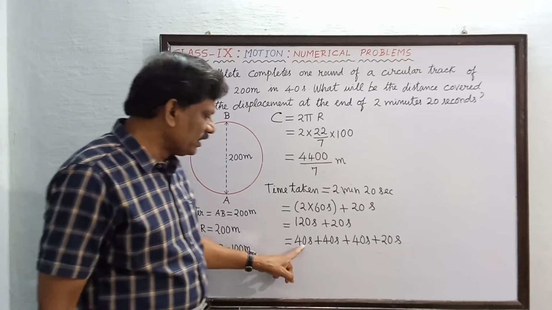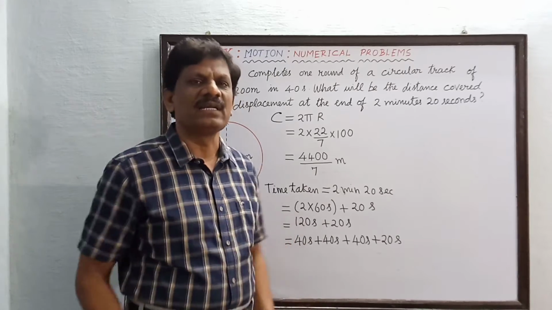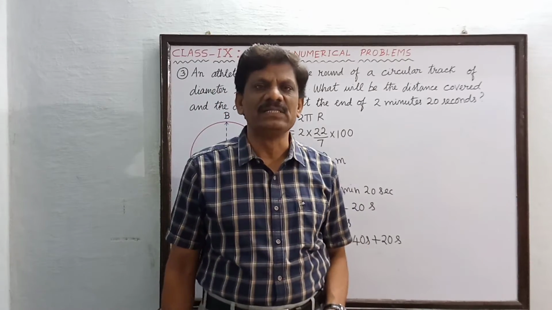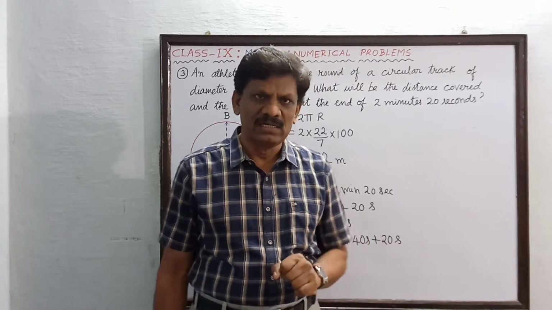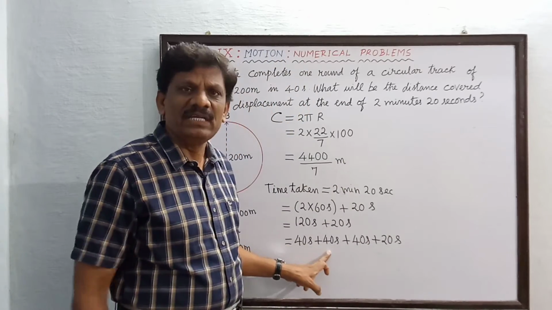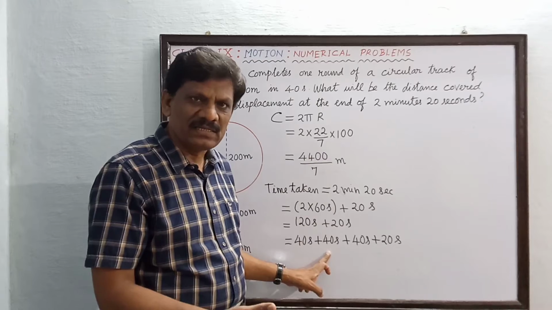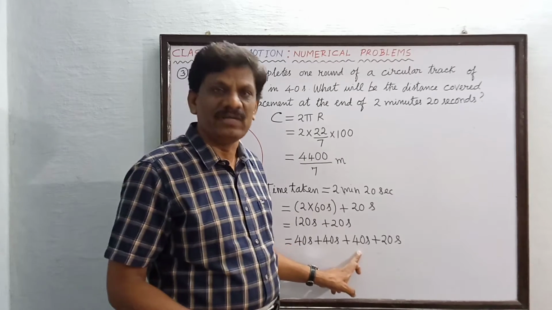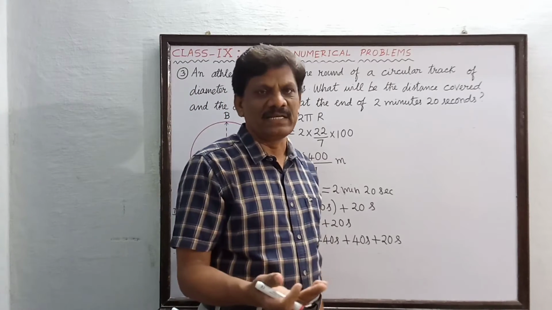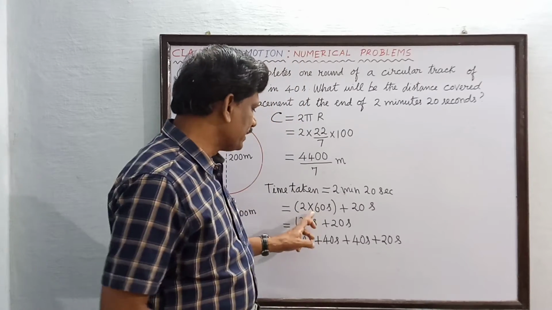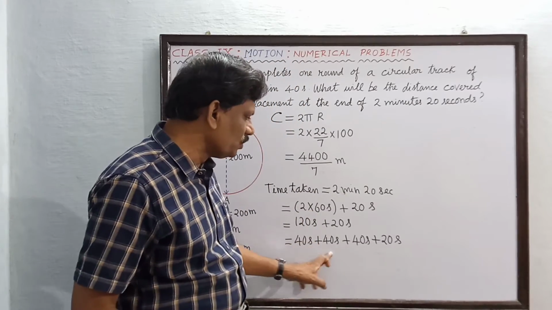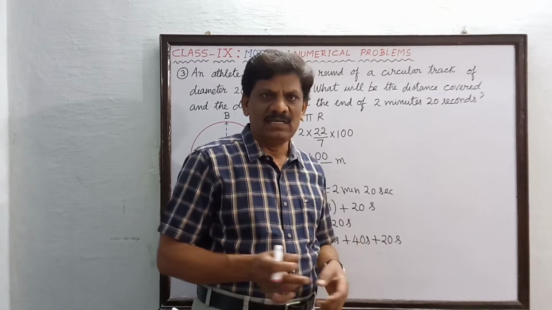In 40 seconds, how many circles will the athlete complete? Yes, one circle. Then in another 40, 1 plus 1, 2 circles. In the third slot of 40 seconds, another 1 circle. So in 120 seconds, he is completing 3 full circles.